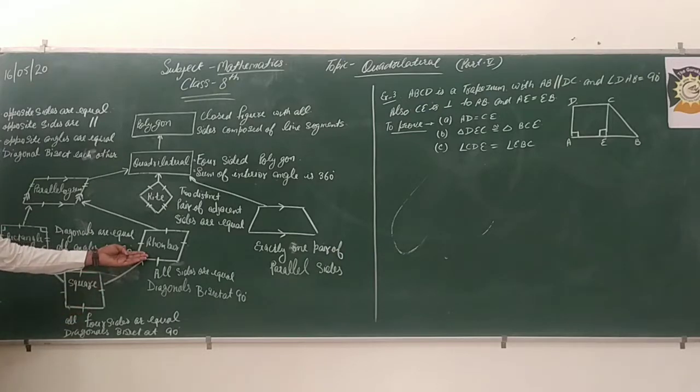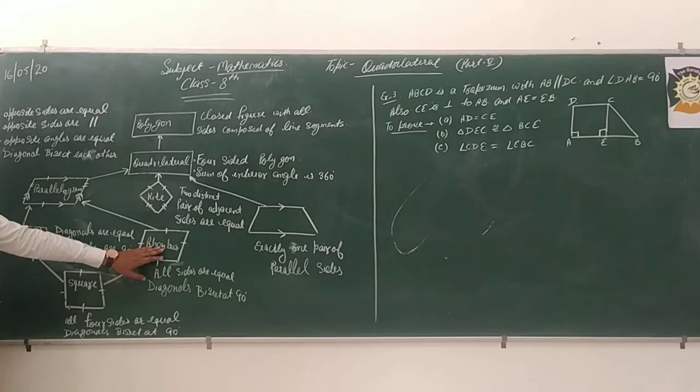all the four sides are equal in rhombus. Opposite sides are equal, so the opposite sides are equal in rectangle. Pair of opposite sides are parallel to each other, so pair of opposite sides are parallel to each other in parallelogram. Opposite angles are equal, so opposite angles are equal in parallelogram.